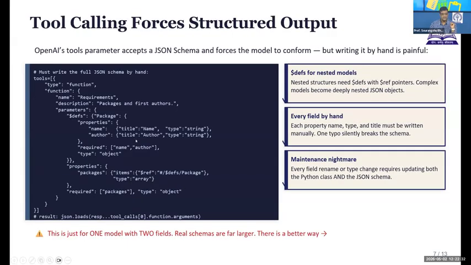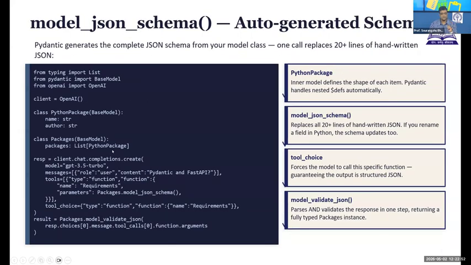Now, as I said, in the tools array, you are providing this JSON schema that you want the output to be generated in. This can get pretty complicated. So using Pydantic, you can make it very, very simple.